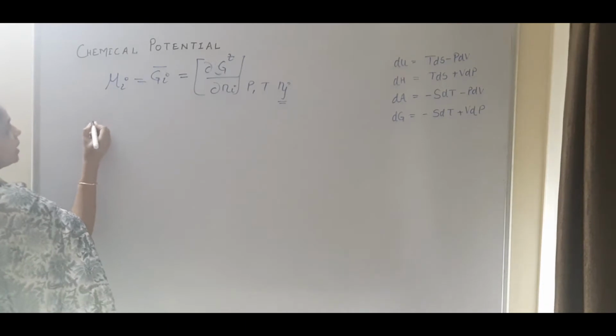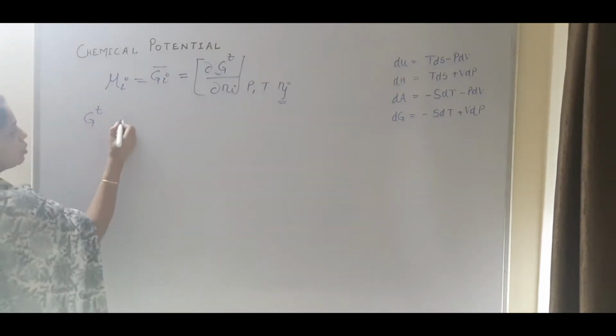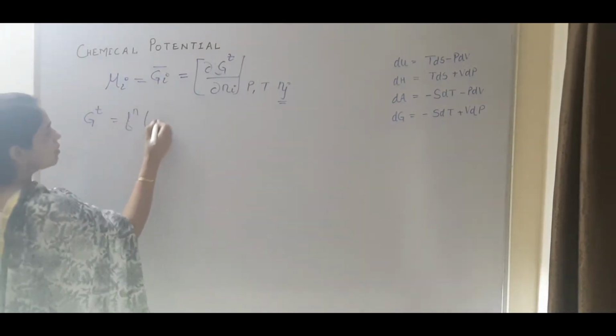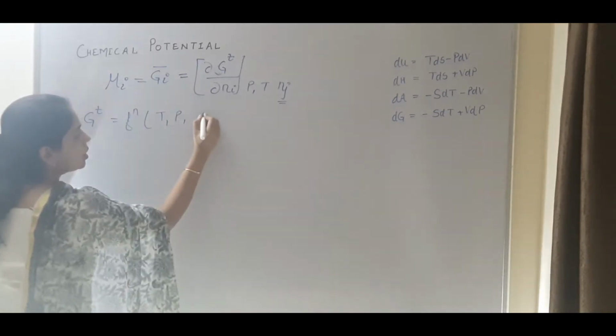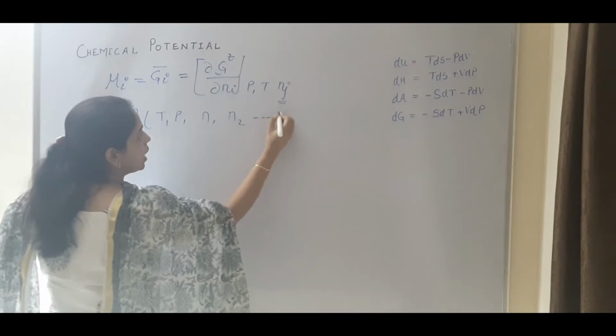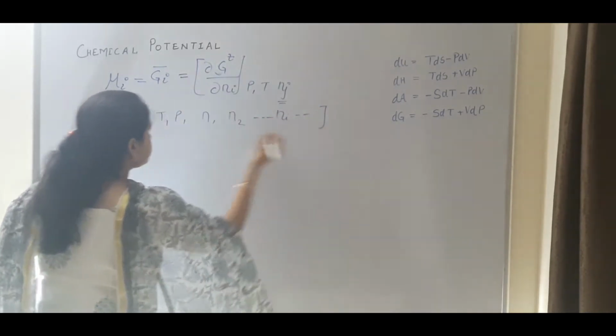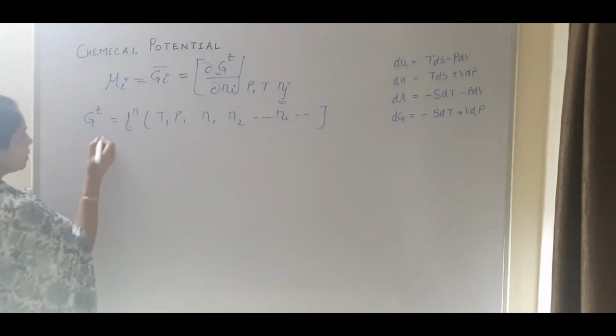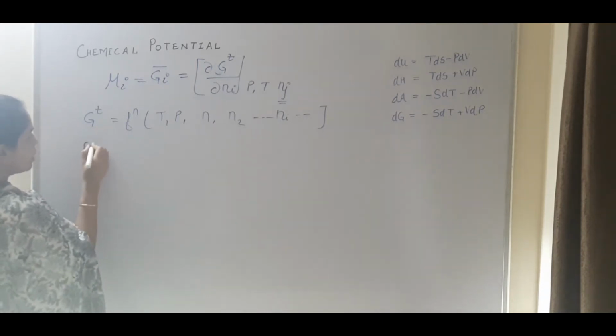Now we know that the total Gibbs free energy of the solution is a function of temperature, pressure, and the number of moles n1, n2, up to nr. Now take the exact differential of this equation.